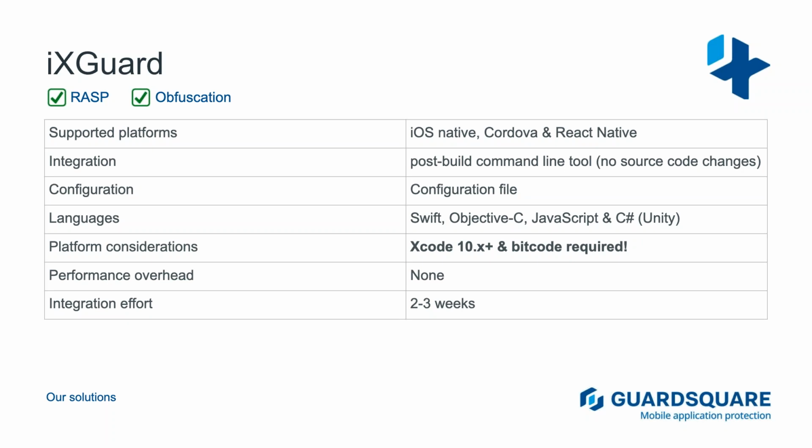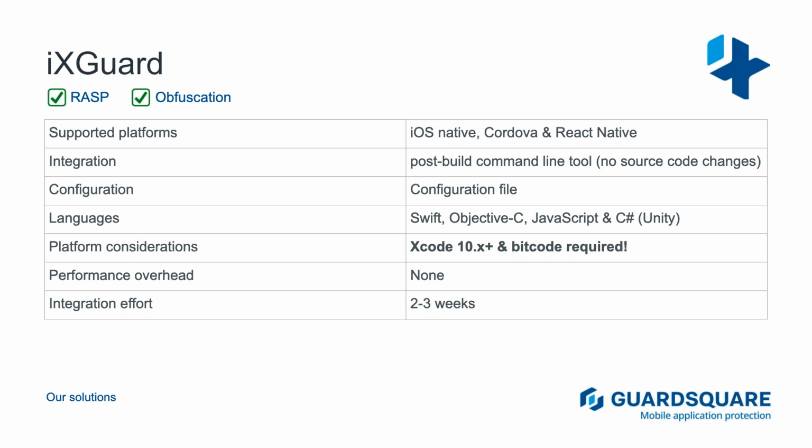For cross-platform apps like React Native or Ionic, do we need to integrate it separately for Android and iOS, or can we integrate it directly? Unfortunately, it will be necessary to integrate it once for iOS and once for Android, so twice in total. Out of DexGuard and IXGuard, which one works better with React Native?